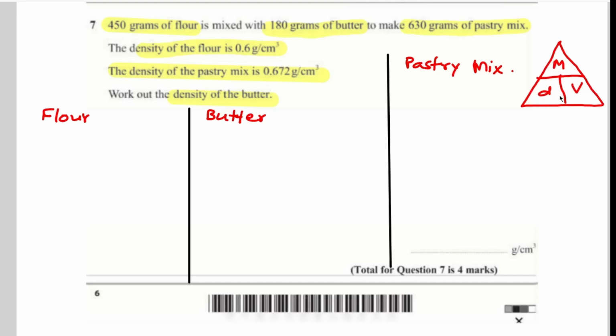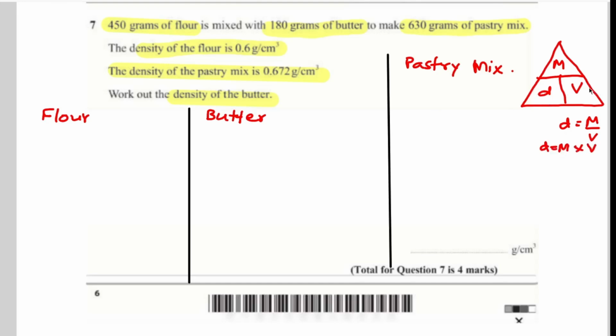If you start with density, then density equals, can you see, mass is on top, mass over volume. So let's say you need to get mass, then mass equals density into volume, because they are at the same level.